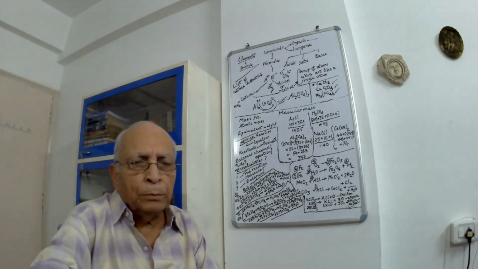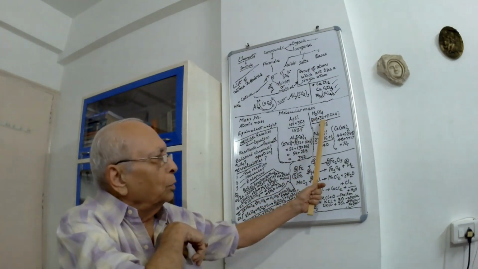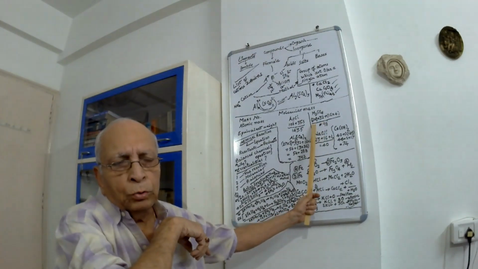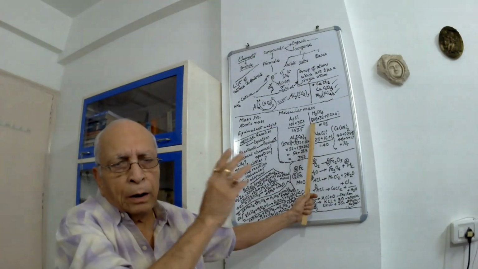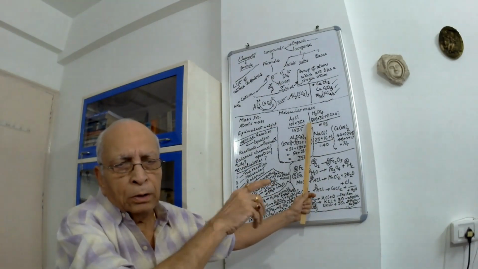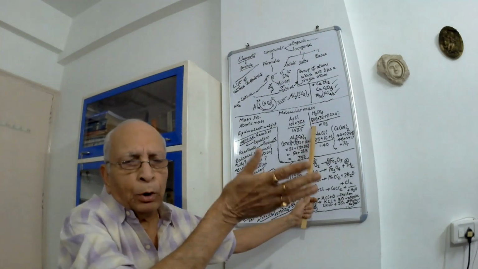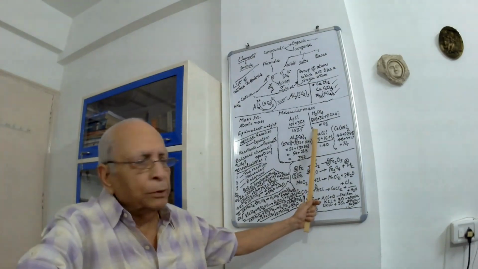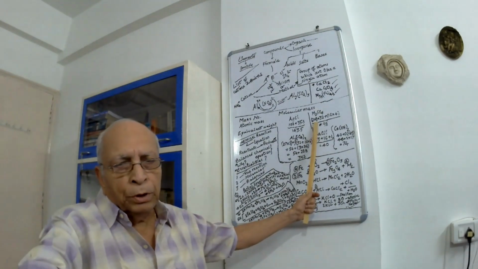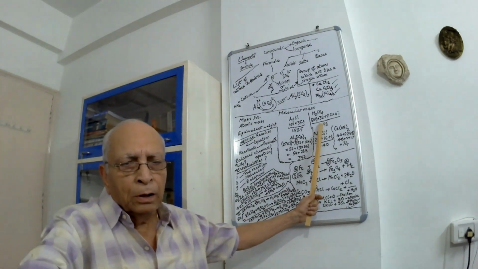Similarly, H2SO4. Look here, H2SO4 contains 2 hydrogen atoms. 2 into the atomic mass of hydrogen, which is 1. Actually, it is 1.008, but for our calculations here, we take 1. So 2 into 1, sulfur is 31.99 something.